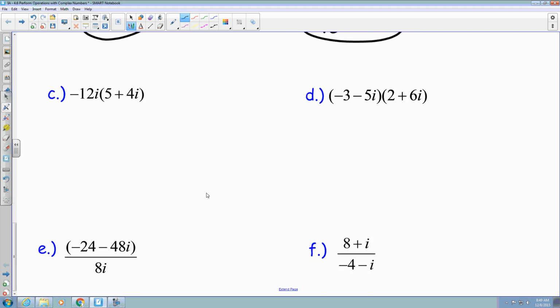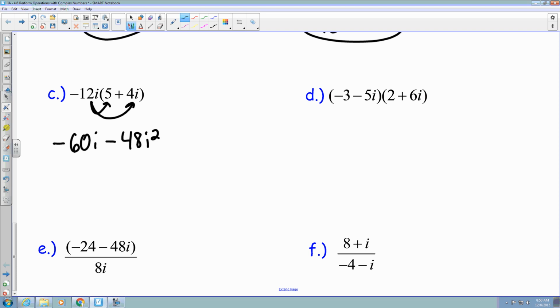Looking at C, we have to distribute. We're going to distribute here and here. Again, you're just going to treat the i like a variable when you're distributing. So -12i times 5 is going to give me -60i. -12i times 4i is, well, negative times a negative gives us a negative, and 12 times 4 gives us 48, and i times i is i squared.